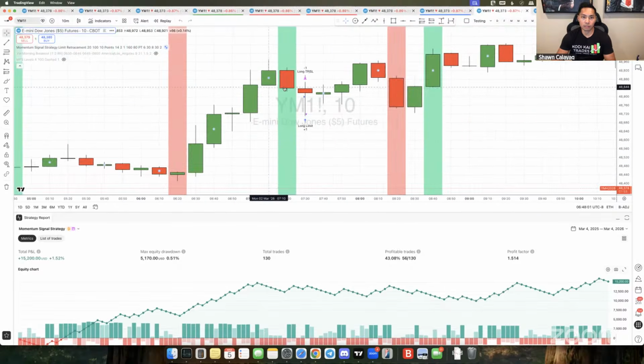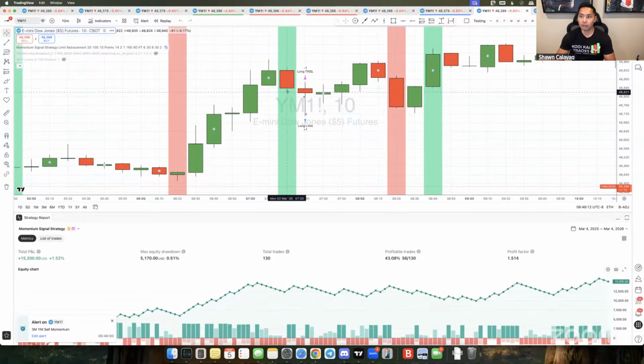So right here, this candle closed, and it would offset 20 points. So 39,29. Or no, actually not this one here. I think it was the next one. Yeah, 39,29.